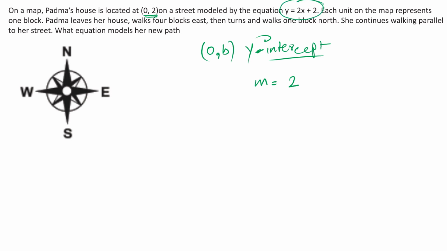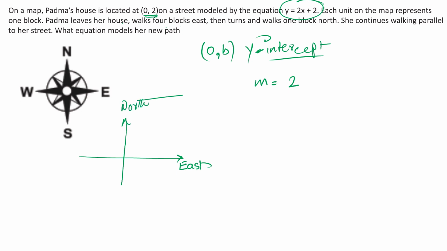Each unit on the map represents one block. Padma leaves her house, walks 4 blocks east, then turns and walks 1 block north. So if I am making this graph, this is my east and this is my north.